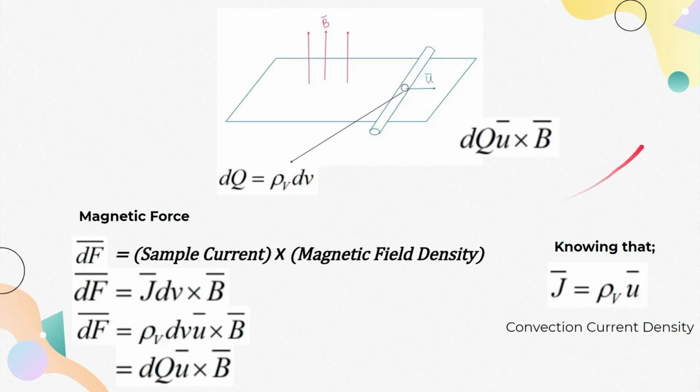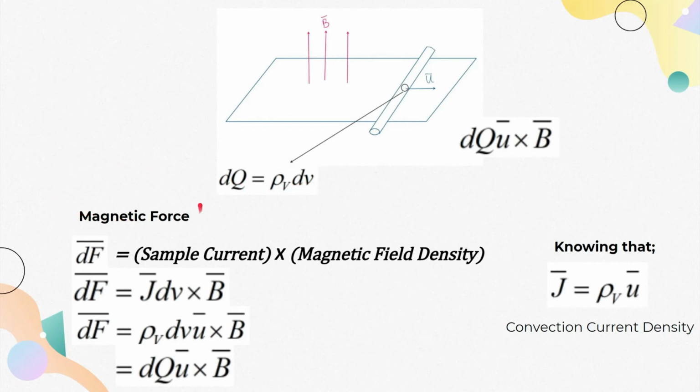We start with the above example. An enclosed loop of the circuit, in which the conductor rod is moving to the right and experiencing the magnetic field passing through it. In EMT, we always take a sample and do analysis. The sample taken from our conductor here is dq equals rho_v dv, because when we magnify this rod, what we get is the volume charge.